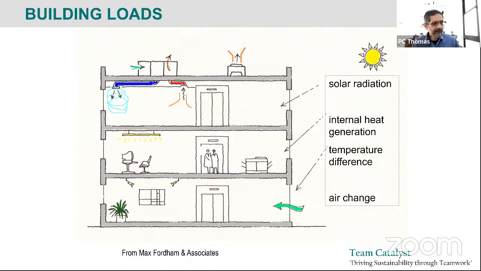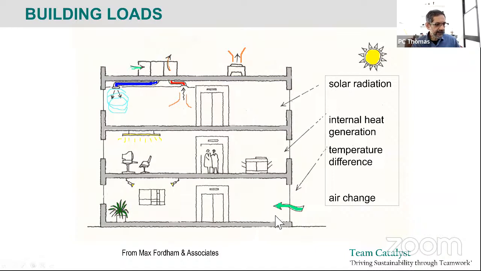So the temperature difference on that day at that peak time will be based on 46.1 and whatever temperature you want to maintain on the inside, okay? That's the driving potential for heat transfer, okay?